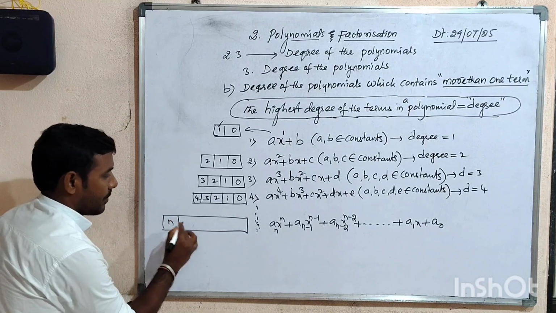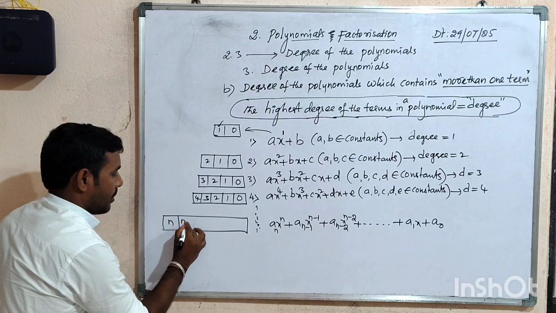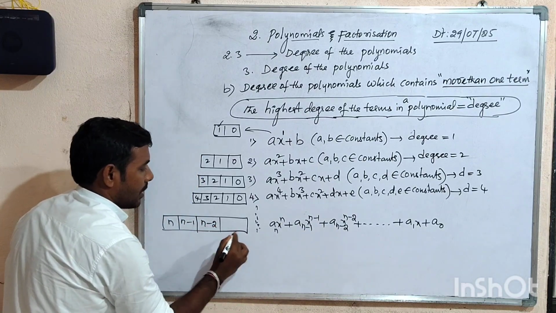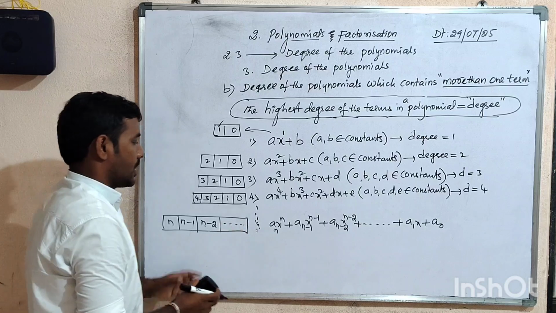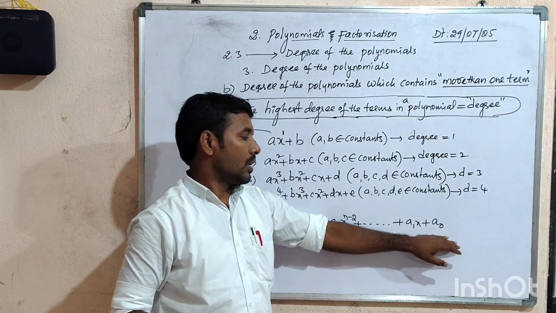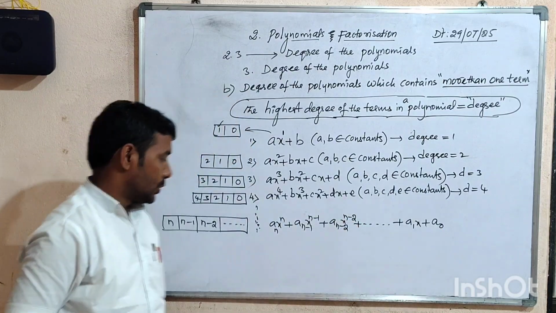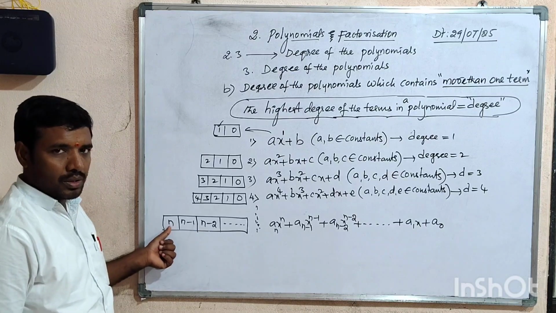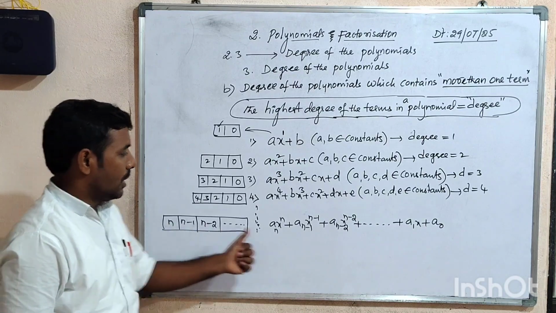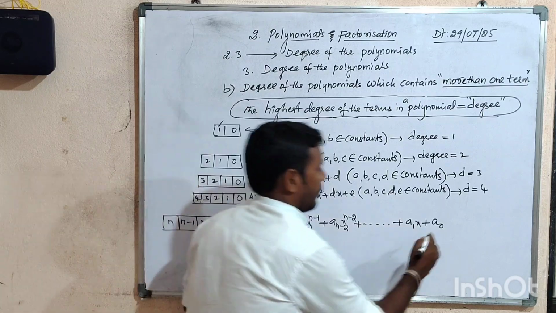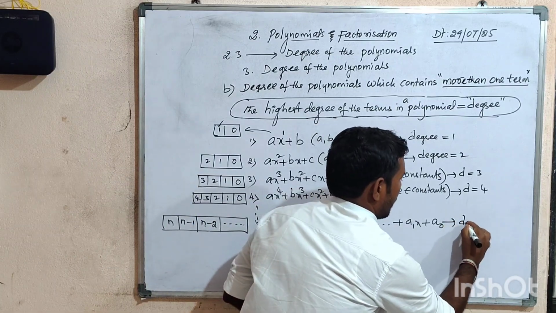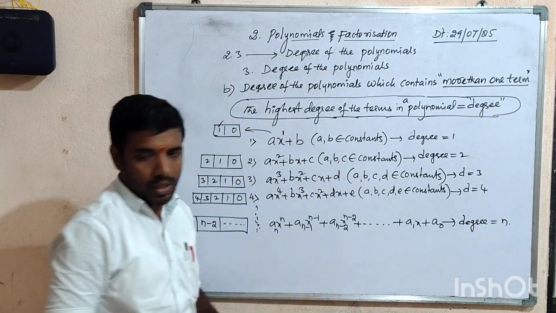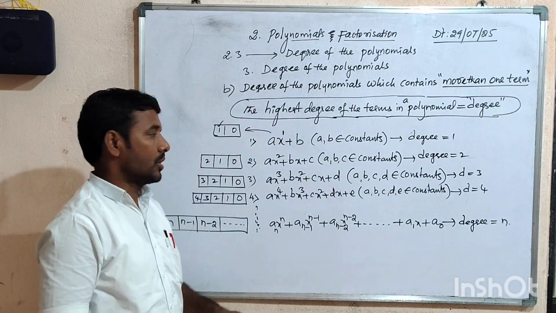It is N. Its degree N minus 1. Its degree N minus 2. In such a way we can extend till the constant figure. So among these, what is the highest degree? This one is the highest degree. So for that reason, its degree is N only.